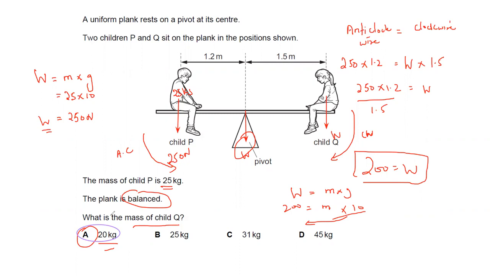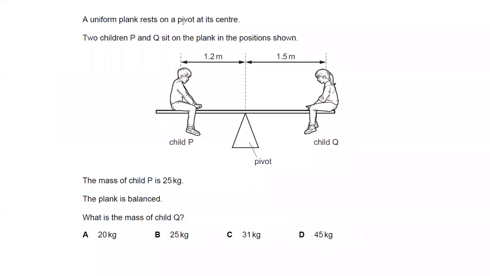Then there is also a very short method. If you recall the concept we discussed yesterday, heavy objects are placed closer to the pivot and lighter objects are placed away from the pivot. So because child Q is lighter than child P, child Q is away from the pivot.